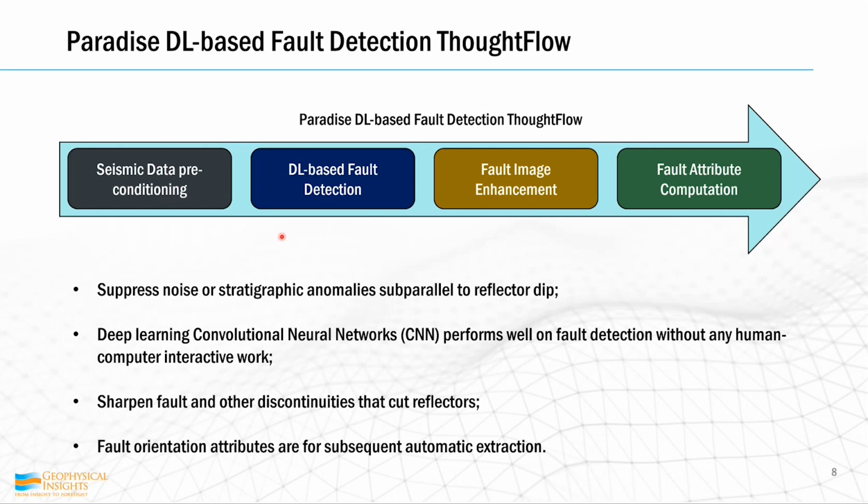We use a deep learning method which performs well on fault detection without any human-computer interactive work. In the third step, we further enhance the result by applying image processing techniques to sharpen the faults and other discontinuities that cut reflectors. In the last step, we compute the fault orientation attributes that will be used for the subsequent automatic fault extraction and fault geobody generation.